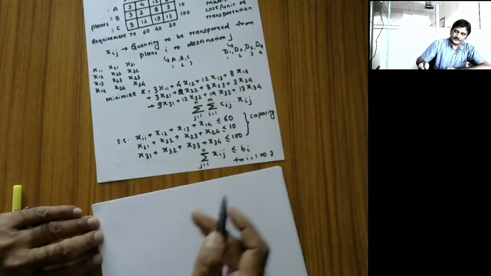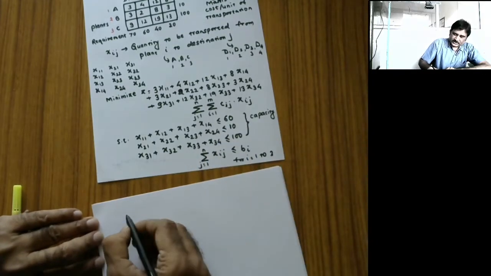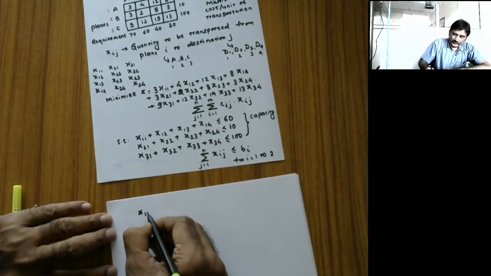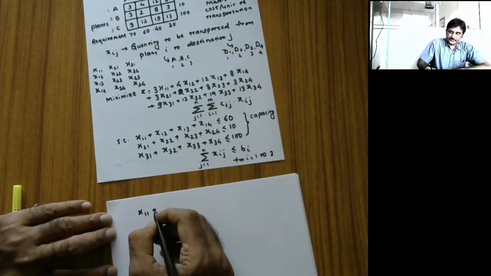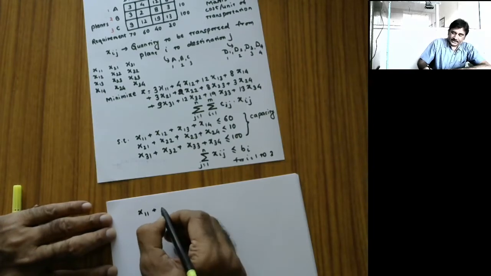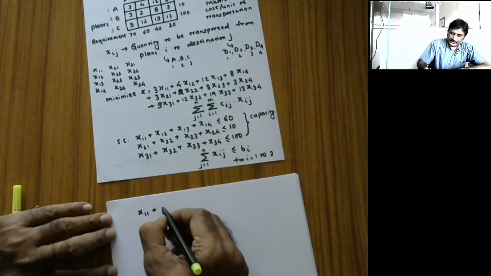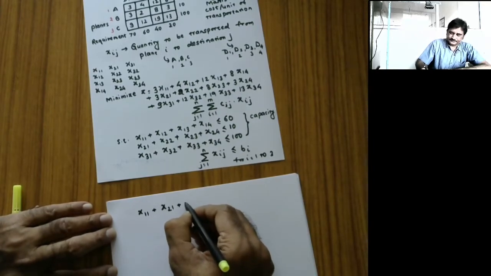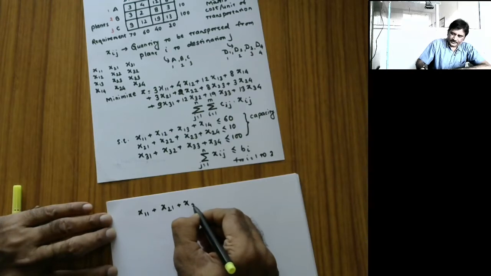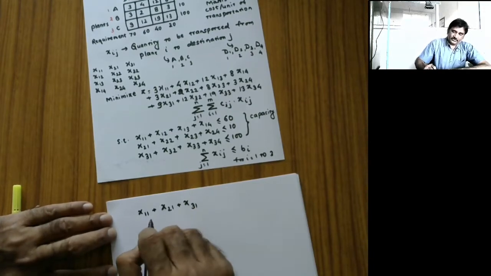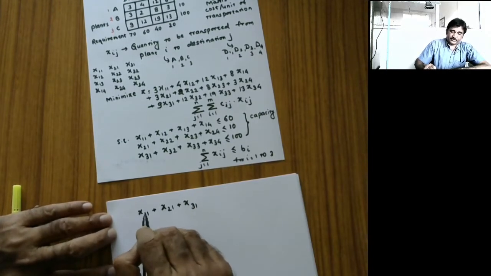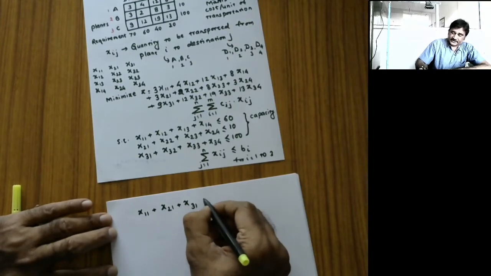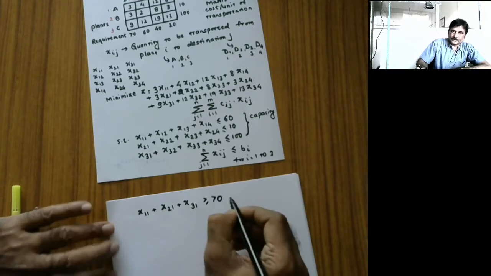So we will write the requirement constraints as greater than or equal to type, and capacity constraints are always less than or equal to type. The first requirement constraint goes like X11, from A to D1, then from B to D1, X21, plus X31. The sum of the quantities transported from A, B and C to D1 has to be greater than or equal to 70.